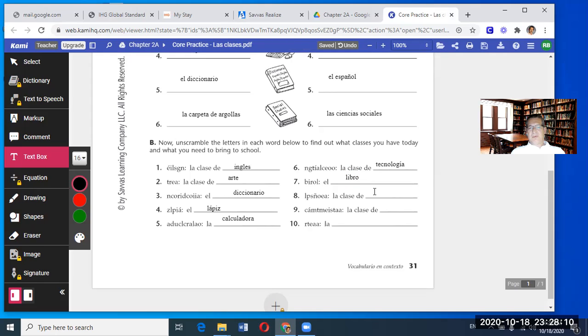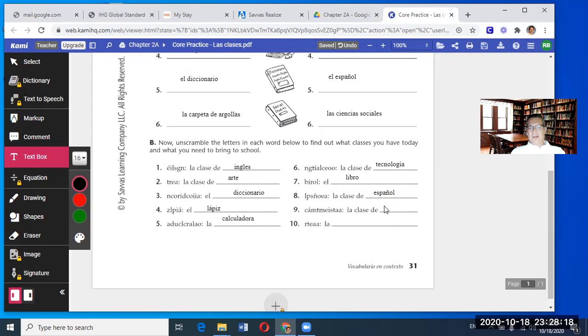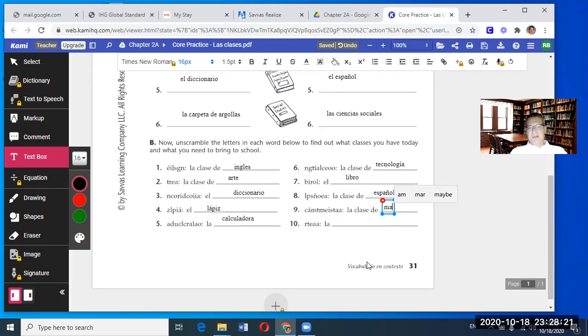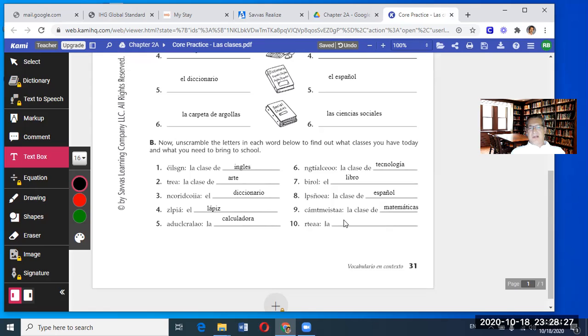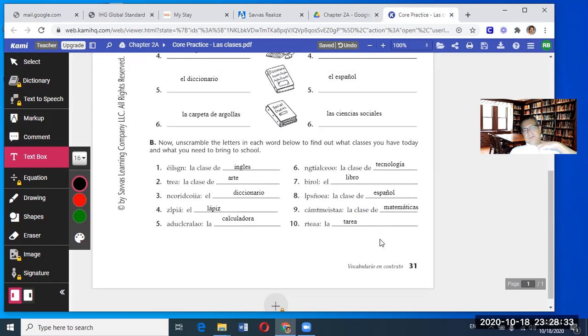La clase de español, Spanish. La clase de matemáticas, mathematics class. Y la tarea, the homework.